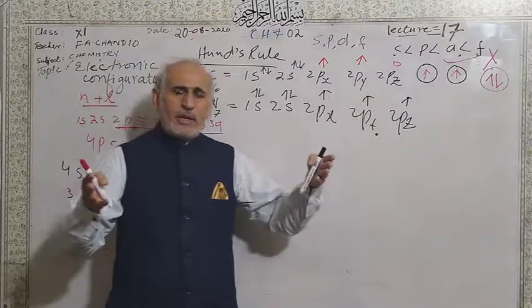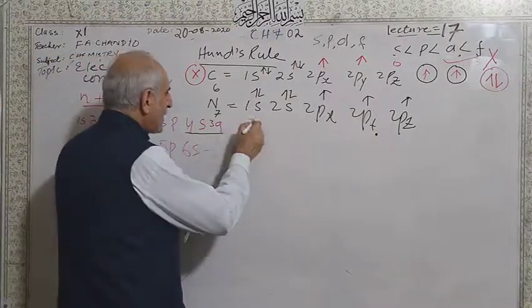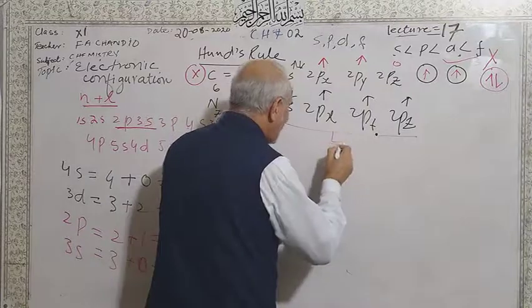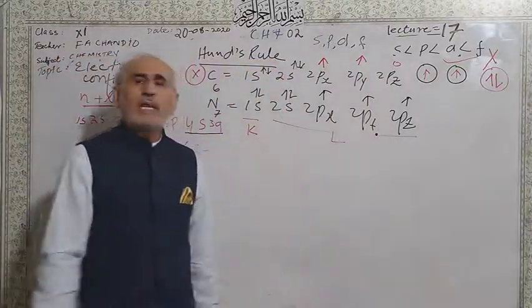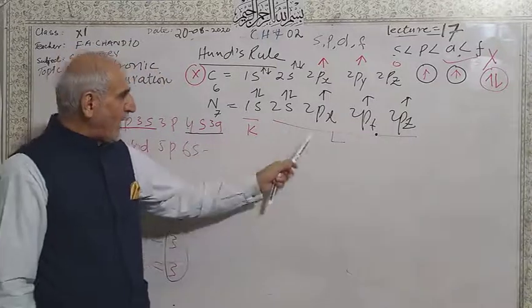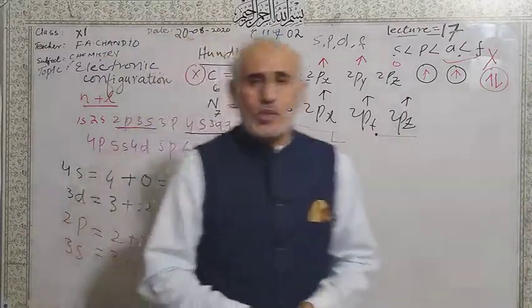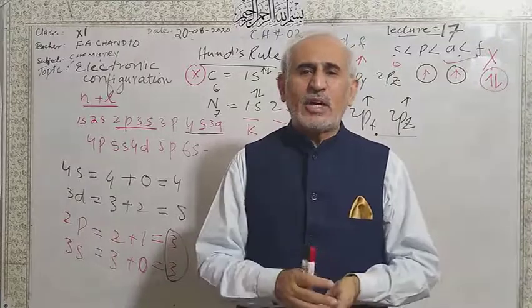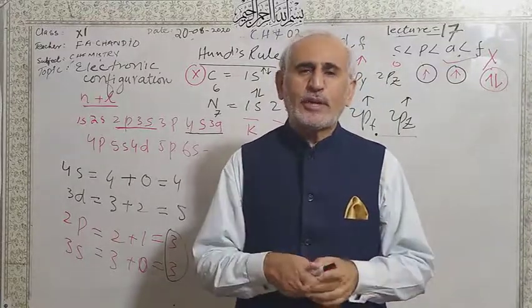So for nitrogen, you can see this is the K shell, and this whole part is the L shell. In the L shell, 2, 3, 4, 5, so 5 electrons are present. Nitrogen is in the 5th A group, the very first element of group 5 in the periodic table.